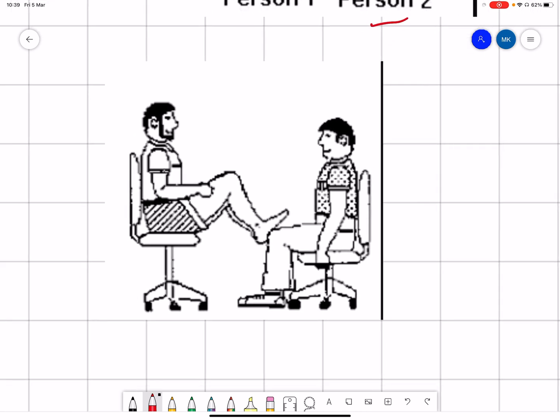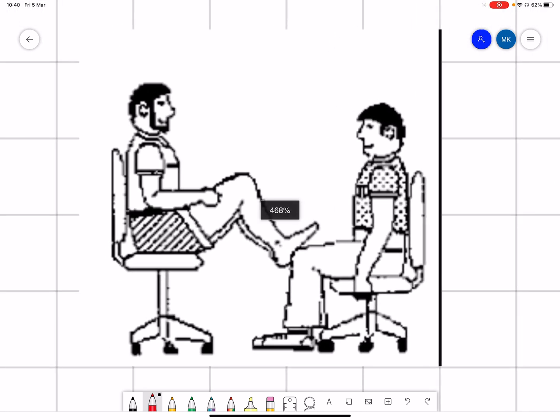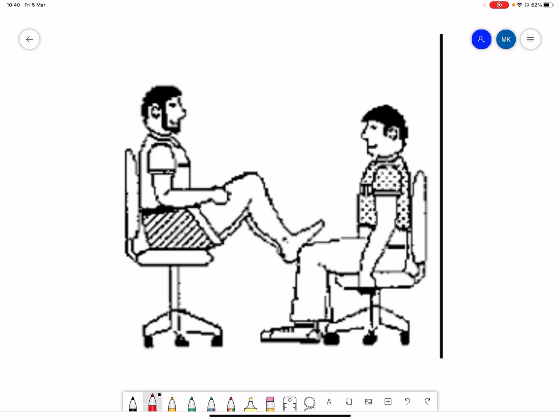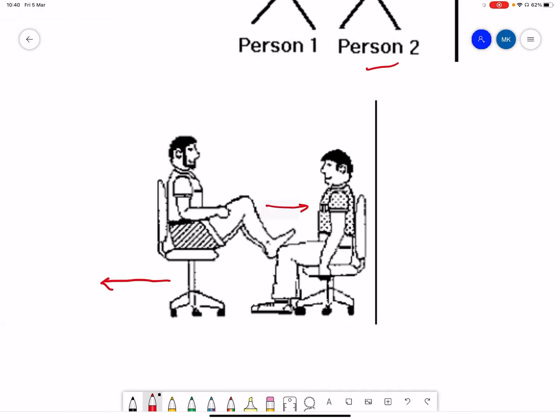And another example, this example is a bit more fun. Two of you on one of these wheelie chairs. You put your feet up on person 2 here and naturally try and push them that way. You will naturally go in that direction. That is because of Newton's third law.